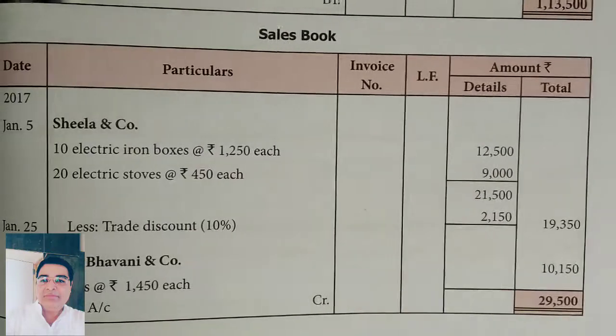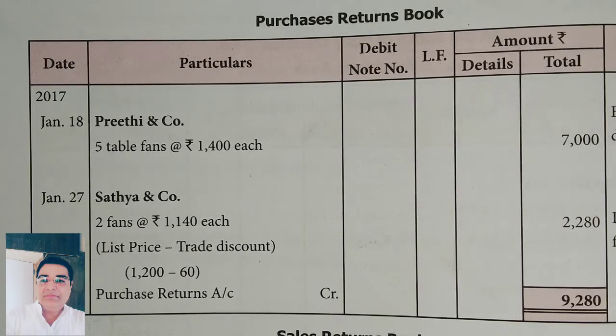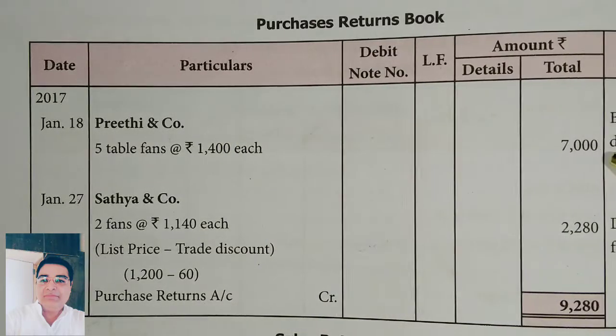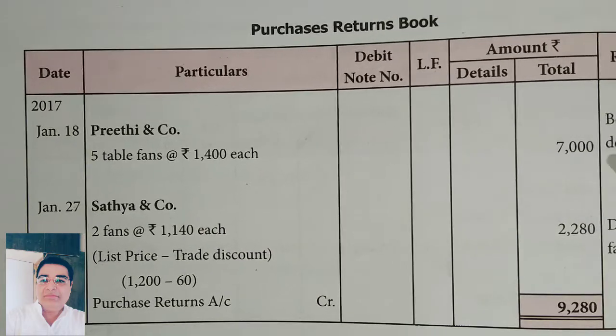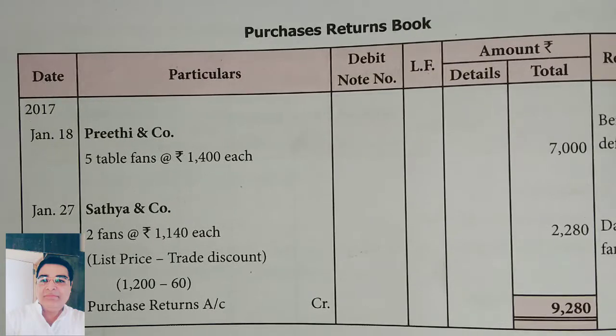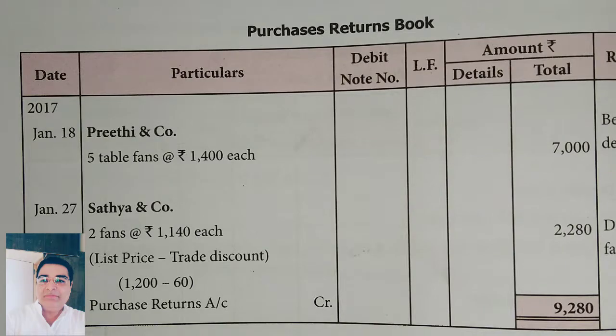Now see here, purchase return book, Preeti and Company 7,000, Satya and Company 2,280. Add both the amounts, you will get 9,280. That is purchase return account, CR.